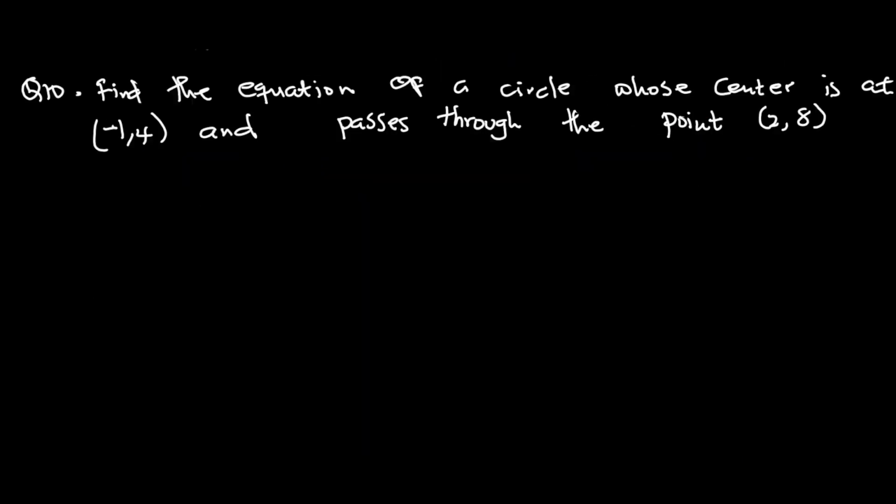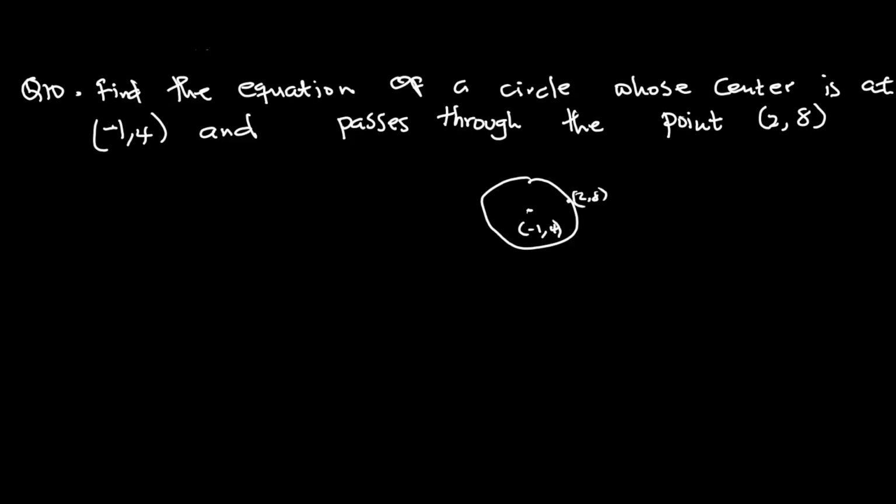Question 10. Alright, so question 10 says, find the equation of the circle whose center is at negative 1, 4, and then passes through the point 2, 8. Here we need to find the radius. So we have a circle, and the circle is centered at negative 1, 4, and then passes through a point that is, let's say, 2, 8.